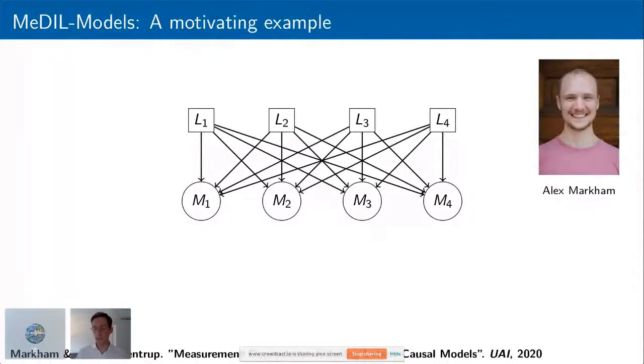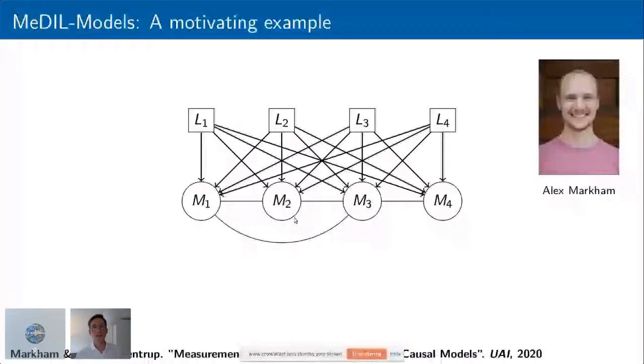So empirically, what you would want is certain dependency patterns emerging in your measurements. And let us assume here in this example that these edges, undirected edges, denote pairwise dependencies, such that M1 and M2 are dependent, M2 and M3 are dependent, and M3 and M4 are dependent, and M1 and M3, but M4 is independent of M2 and M1.